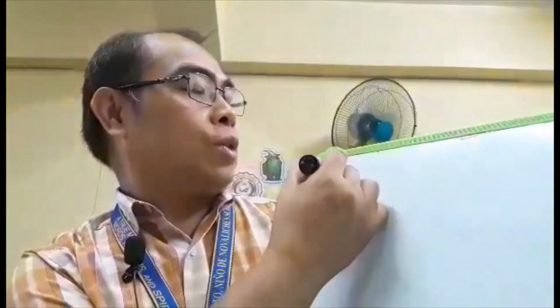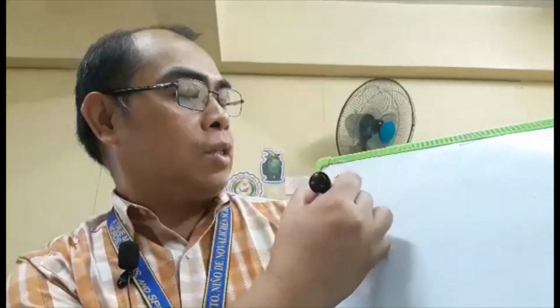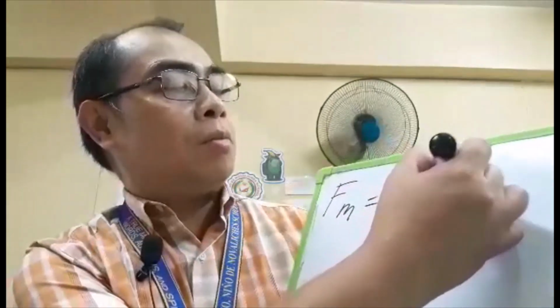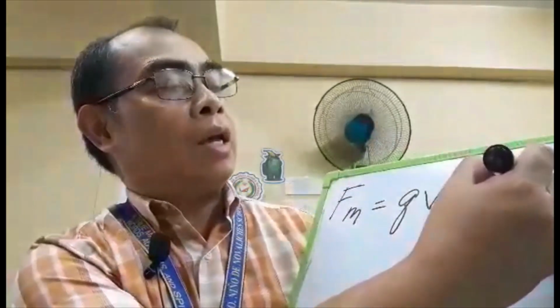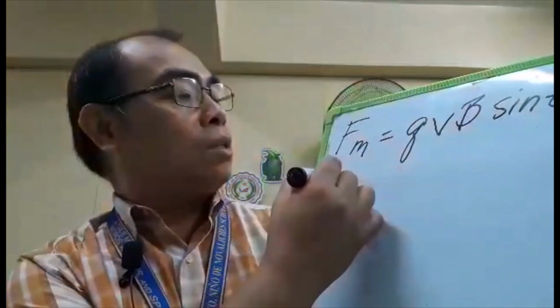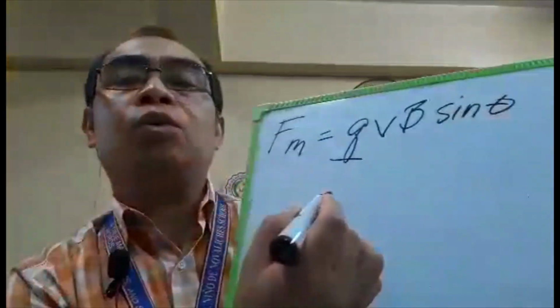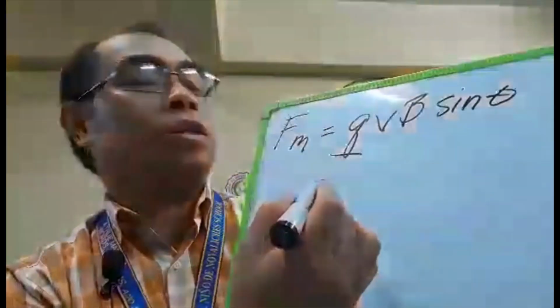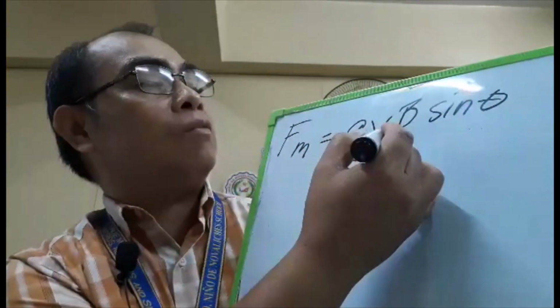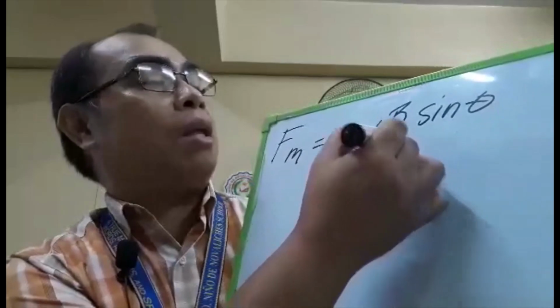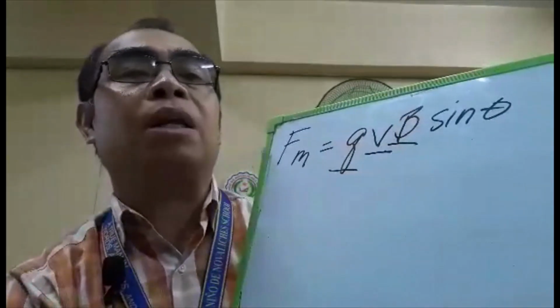Magnetic force, how we're going to solve magnetic force. So magnetic force is equal to Q V B sine theta. This is our equation. Fm is magnetic force. Q is electric charge. V is velocity or the speed. B is magnetic field.